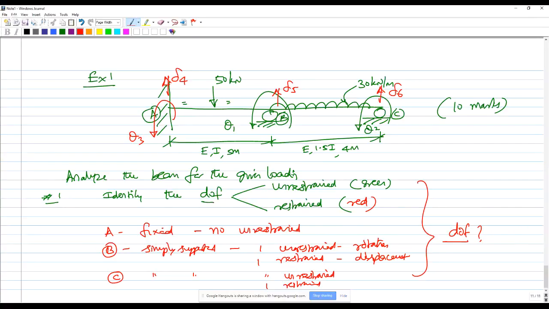Now very interestingly, in this particular solution pattern, we neglect axial deformation or axial displacements. The moment I say I am neglecting axial displacement, then what will be the size of my matrix? The size of my stiffness matrix of the member will be 4 by 4.